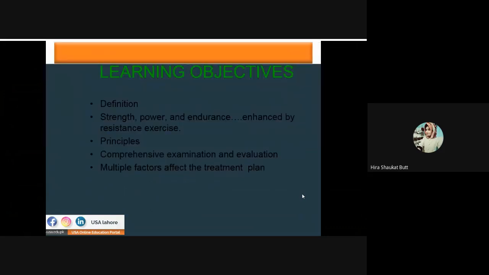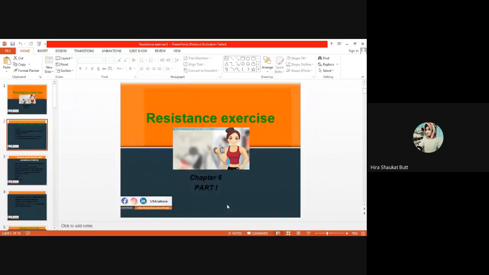The learning objectives of today's lecture: we will go through the definition of resisted exercise. Then we will see what muscle performance is and what its components are. Let me write muscle performance over here.